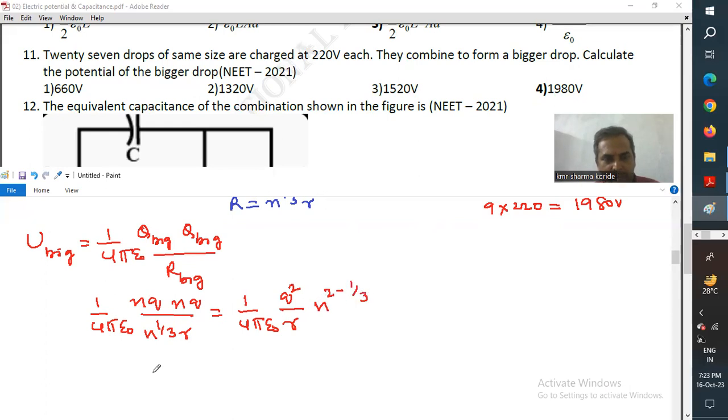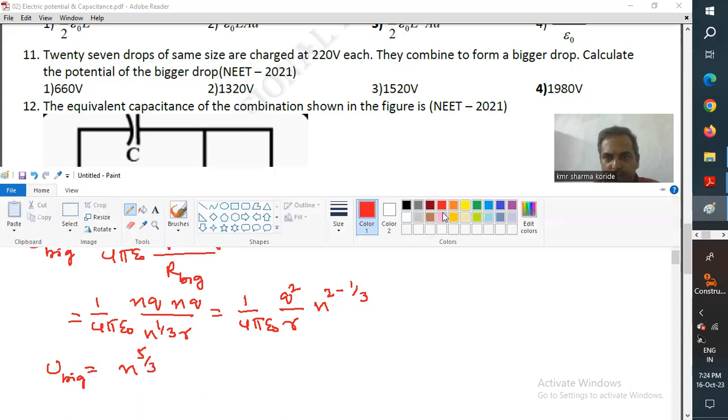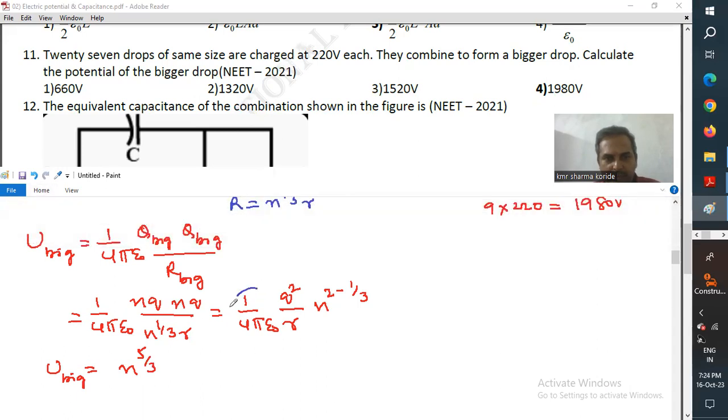So after you simplify, the energy stored in the bigger drop is equal to N to the power of 5 by 3, that is 3 minus 1 by 3 times, and if you segregate this portion, this is the energy of the system of smaller charges. So maybe in the next exam, a question may be prepared like this.